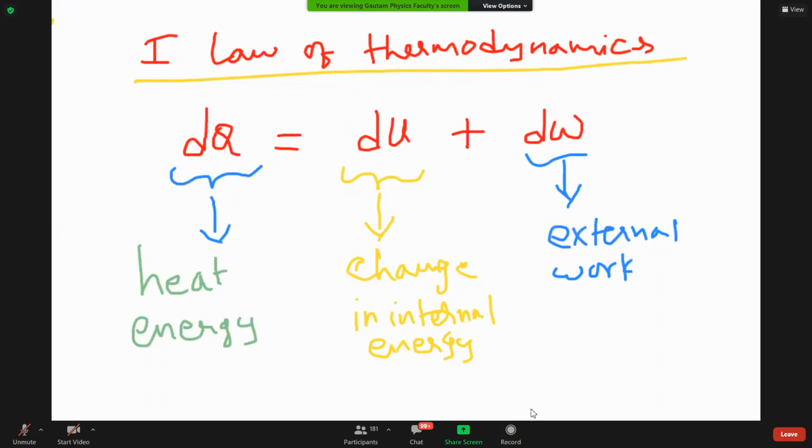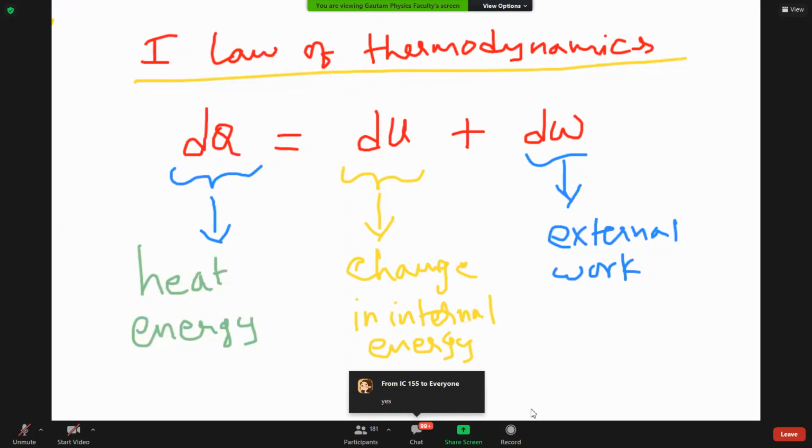So whatever heat we are providing is used in two ways: one for change in internal energy, the other for doing external work. Heat energy supplied is given to change internal energy and also to do external work. Is it clear, beta?